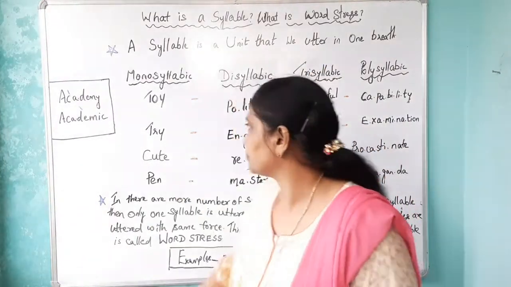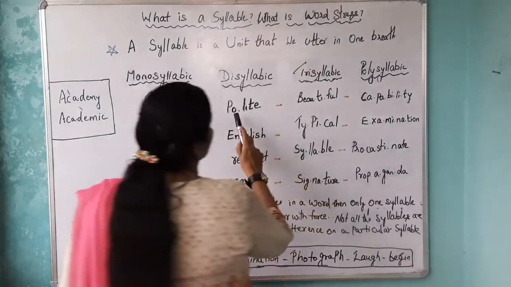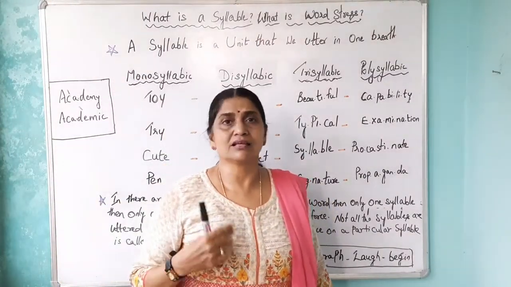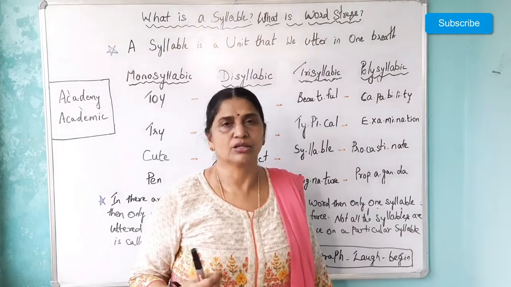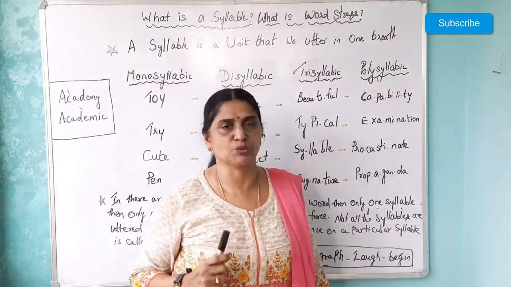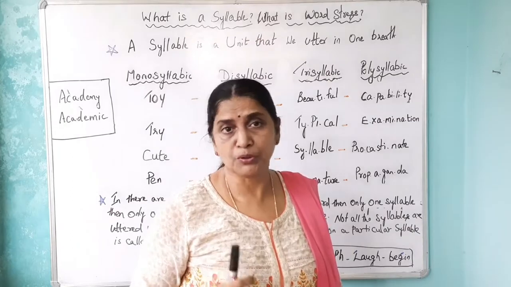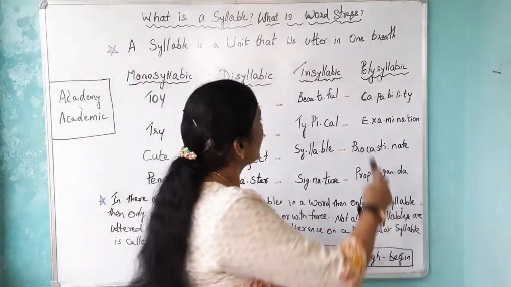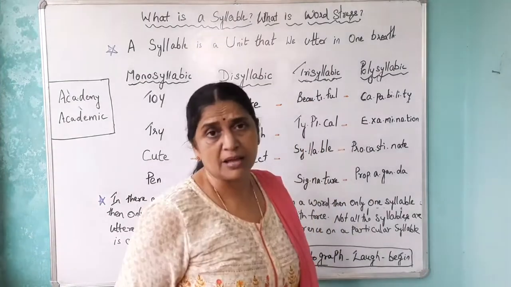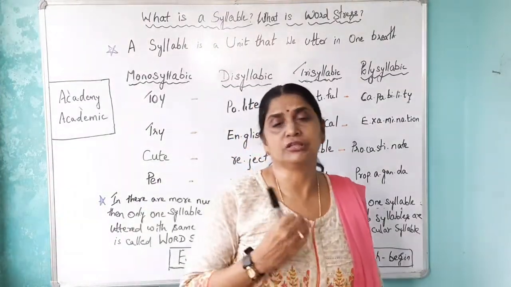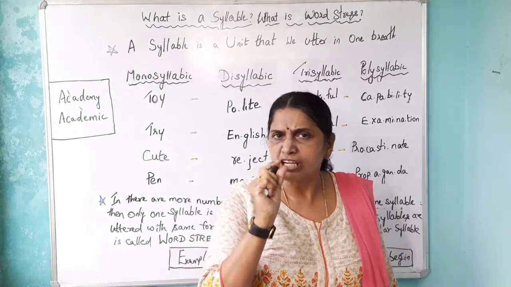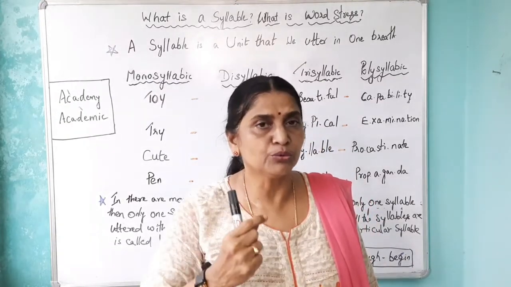For example, if you take the word polite, you may think that polite is uttered just like that with one breath. Not so. Polite, it is a disyllabic word. Okay. And if you take beautiful, for example, for one unit you take a breath.